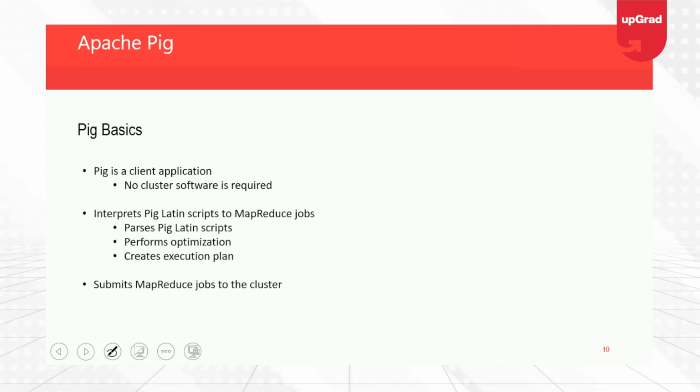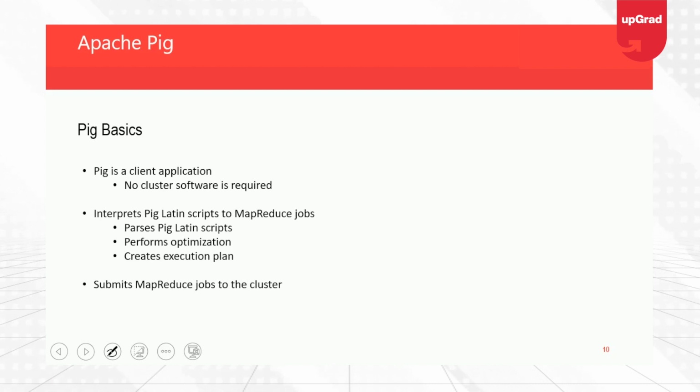So the first phase would be parsing the scripts, which basically checks for syntax or grammatical errors. Then it performs the optimization. Optimization is basically improving the efficiency of the application, making certain changes which can improve the response time. And finally, it creates an execution plan.